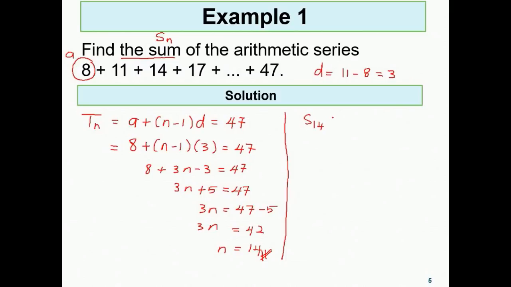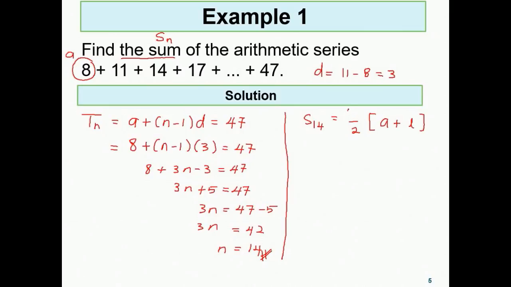S14 by using the formula Sn. This one I choose the formula n over 2 times (a plus l). Why do I choose this one? Because we have the last term. The last term is 47. So now replace our n with 14.